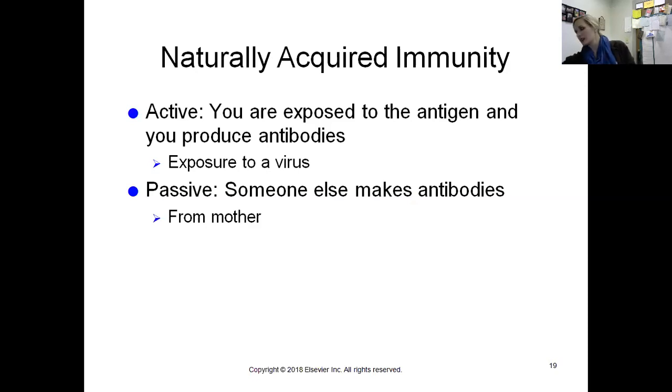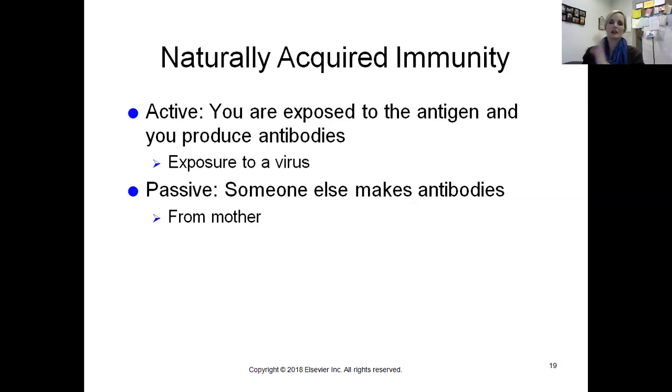This is going to happen through exposure, for example, to a virus. Like, I go to school and I sit next to somebody who has the flu and they sneeze on me. More than likely, I'm going to get the flu then. So I am going to get sick. I'm going to maybe be out for a couple of days, but from that exposure to the virus, I am going to produce my own antibodies.